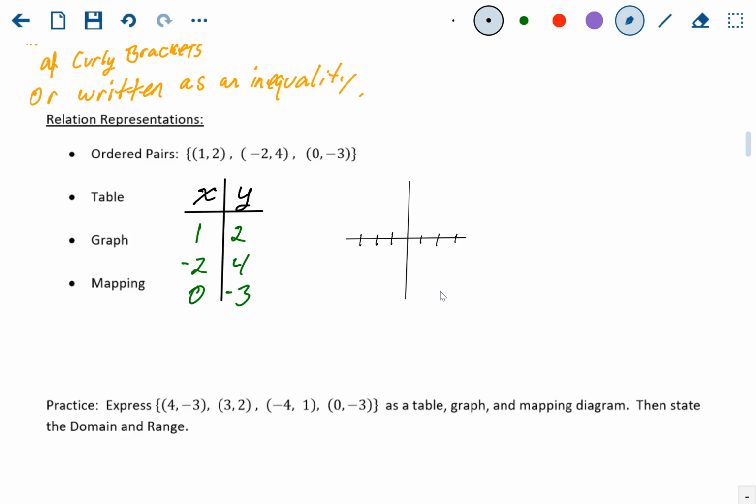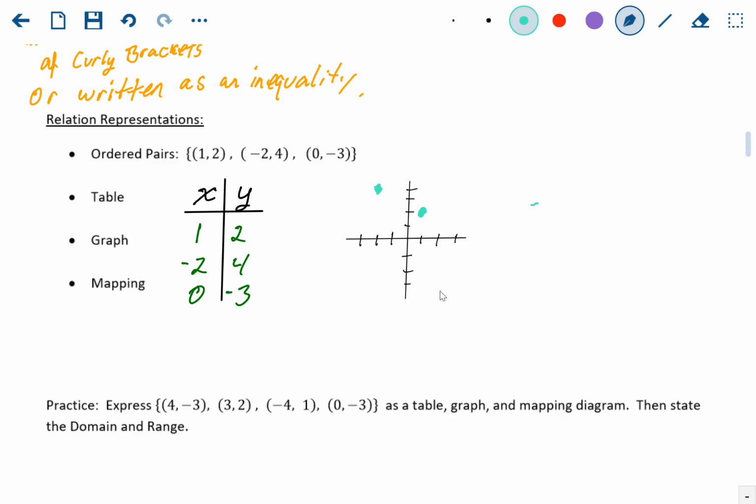Each hash mark is going to represent one unit, one value from the point of origin, and then just put a dot at each of those ordered pairs. 1, 2 means over from the point of origin 1, up 2. Always X and then Y, over and then up. -2, 4. -2 is going left because the X value is negative, and then up 4. Need one more hash mark there. All right, and the last one, 0, -3.